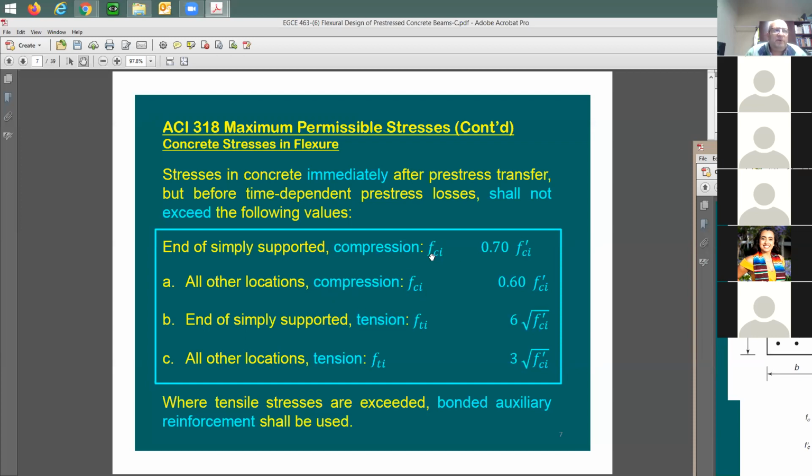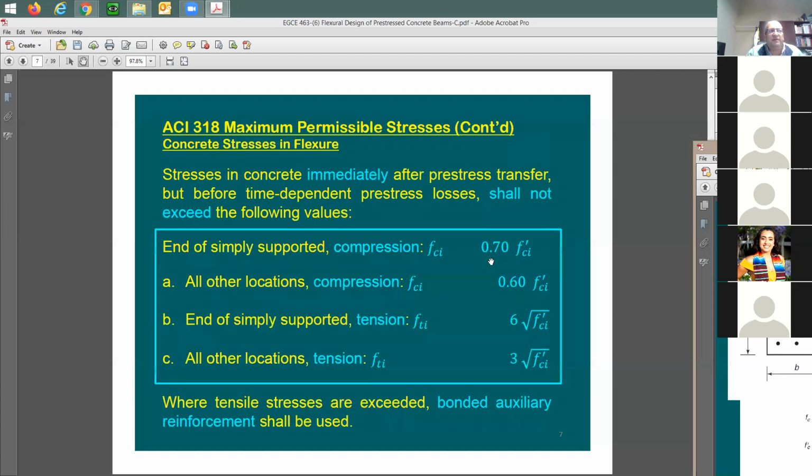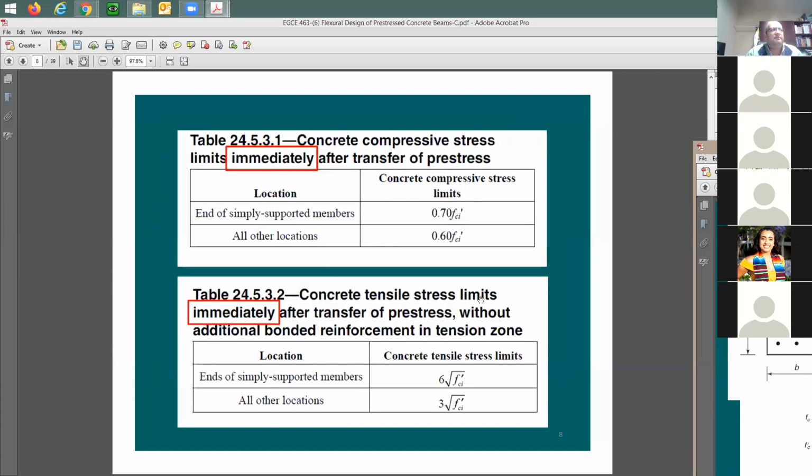Usually once you see fci, it is going to be the allowed stress in the concrete, which is 70% of f'ci. So you don't want the concrete stress to go beyond this limit. fti is going to be also the one in tension. So I said, okay, I have seen this before. And this is going to be the code reference. If you'd like to see where this slide is coming from, you just go here. So we have seen this.